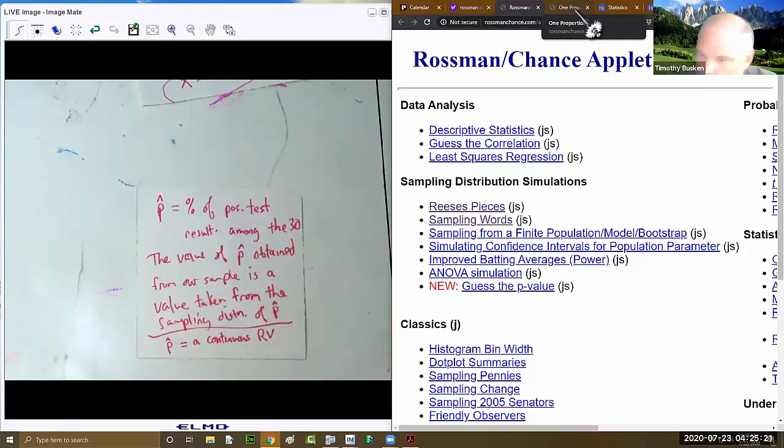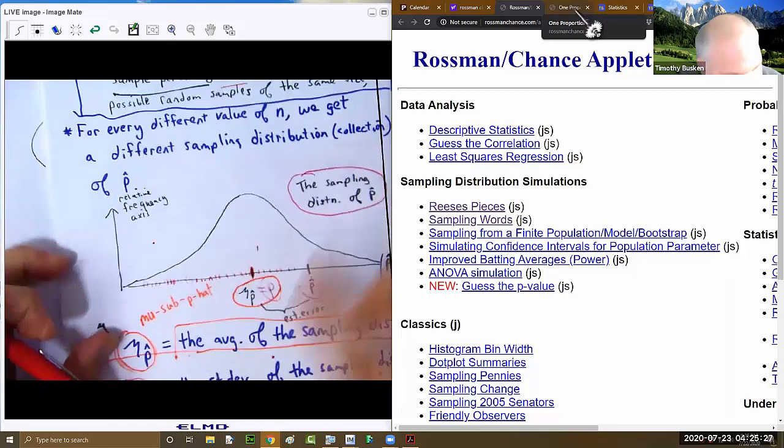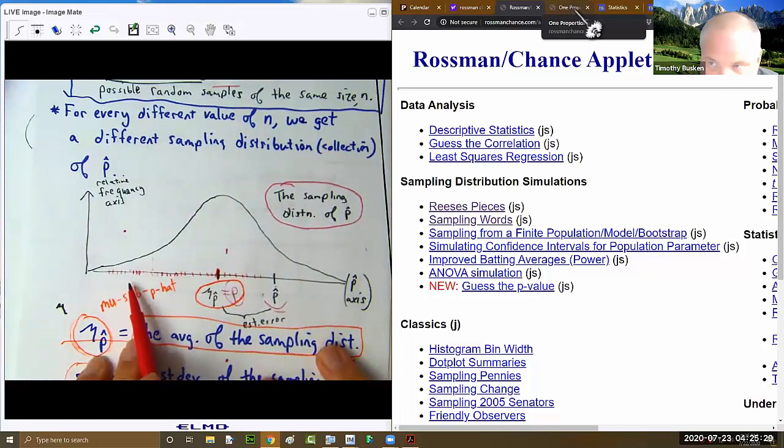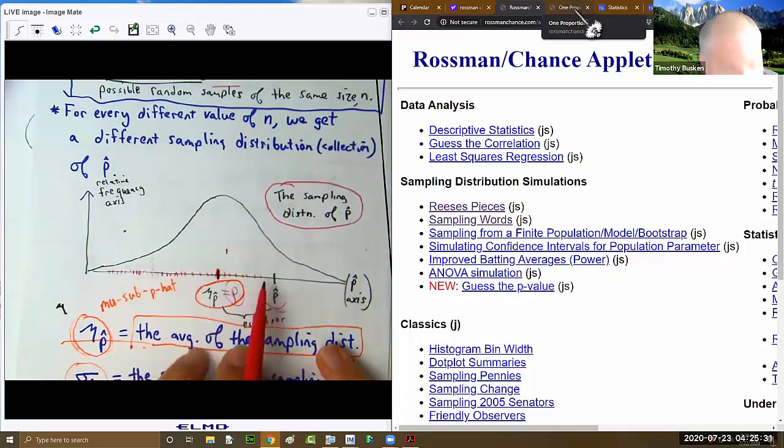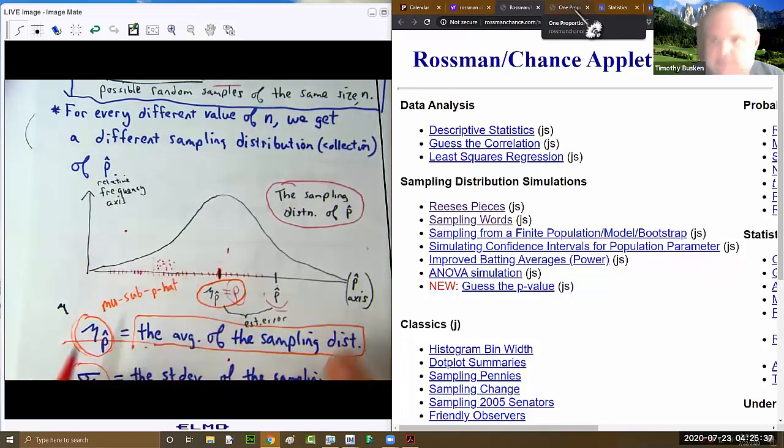If you go back and look at the graph of the sampling distribution, it's going to look like this. And what is this? Remember, it's just a dot plot of all the possible different values of p hat.